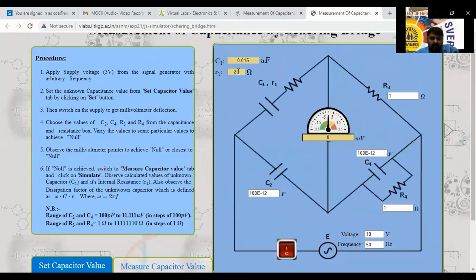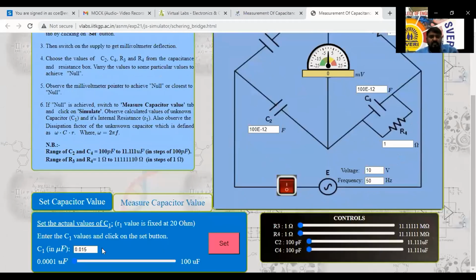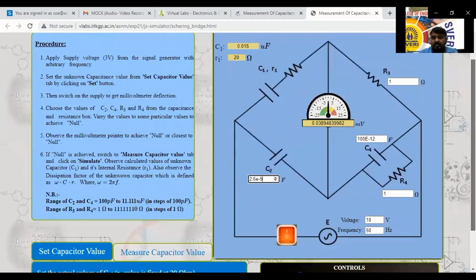Can I change R also? That is the fixed value based on the voltage and all the things you will take. I will set it here and switch this on. Here 0.46 is there. Next, what I will do is reduce it.